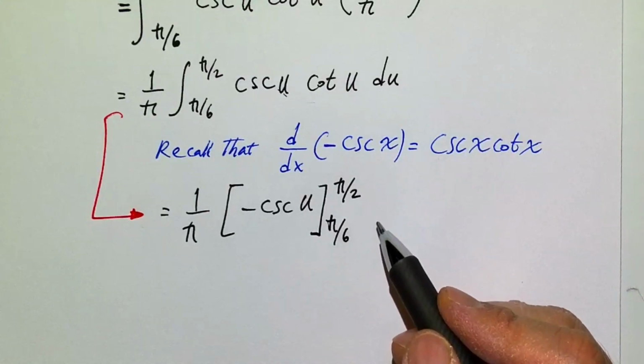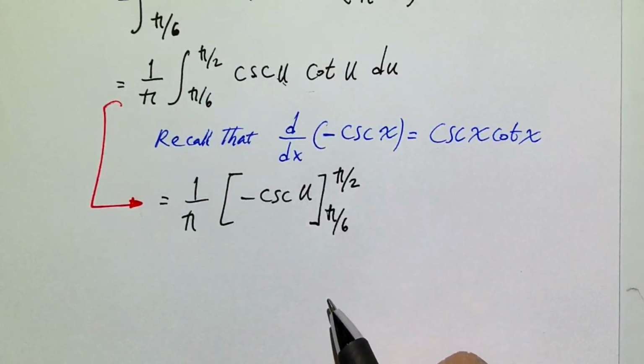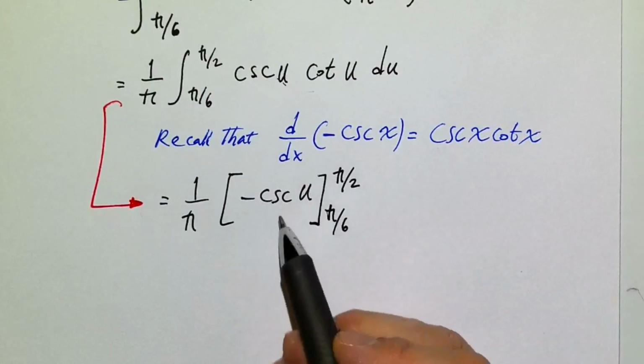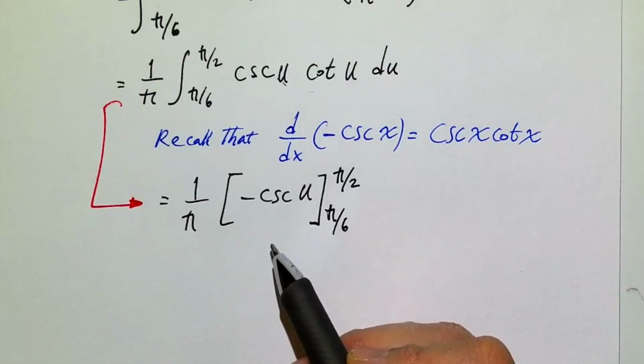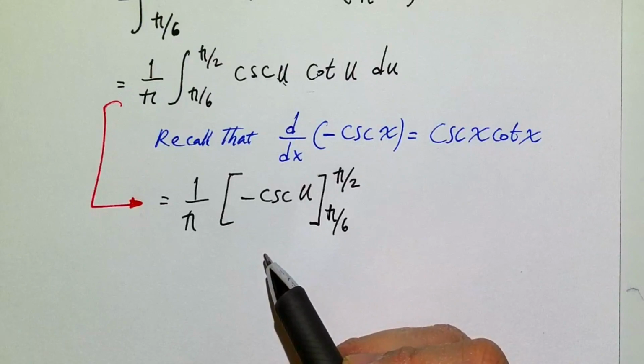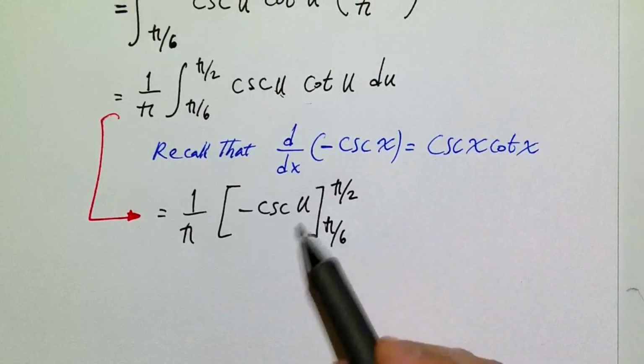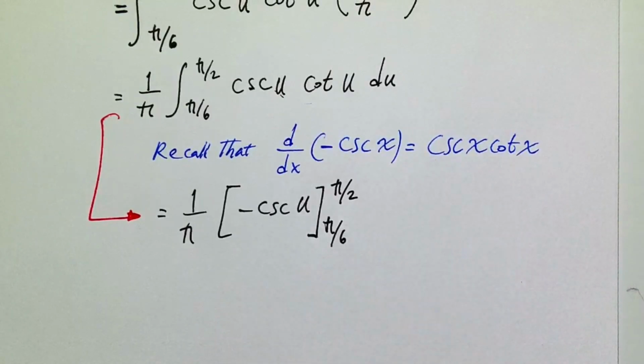So now I prefer to, every time I have secant of x or cosecant, I prefer to rewrite them in terms of their reciprocal, or in terms of sine and cosine.